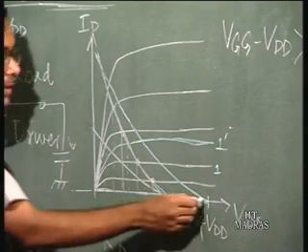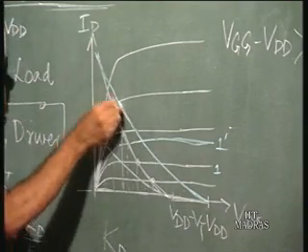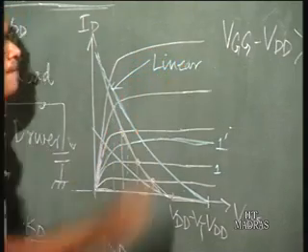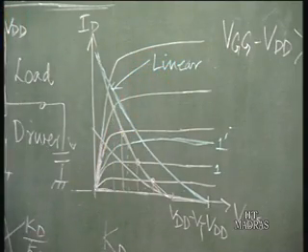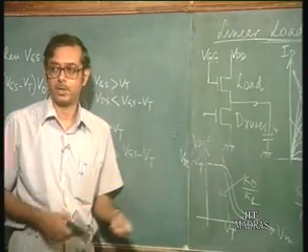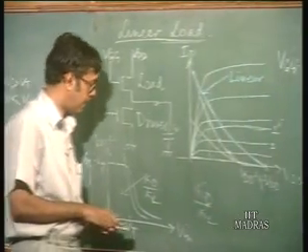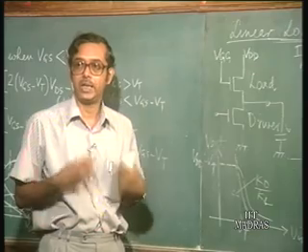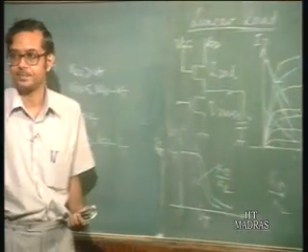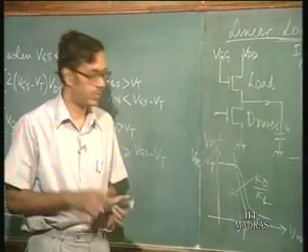So this is the linear load. From the performance point of view, the input output characteristics point of view, the output voltage would go all the way up to VDD when Vin is 0, the point of intersection is here, up to Vin equal to Vt.